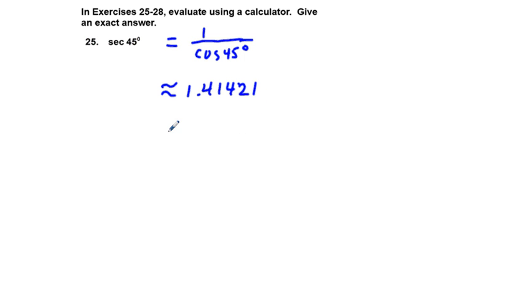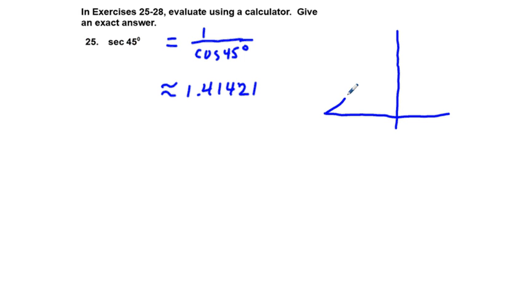Now, we were asked about an exact answer, and this is an irrational number, not an exact answer. So we're going to have to go to 45 degrees to get an exact answer. So it's saying use the calculator, but then it's effectively requiring us to use something else.